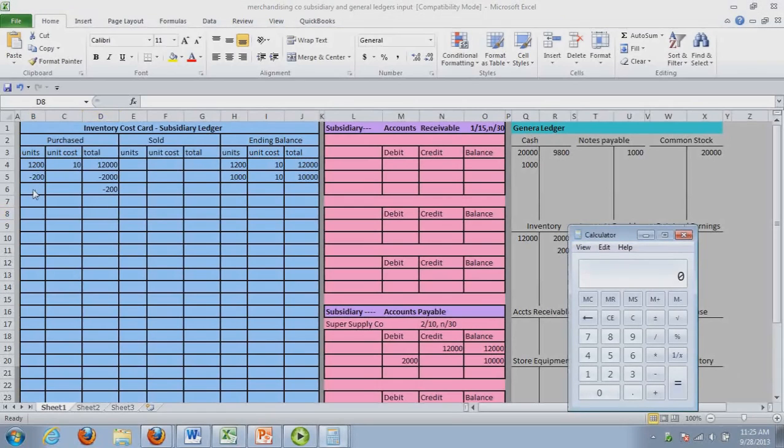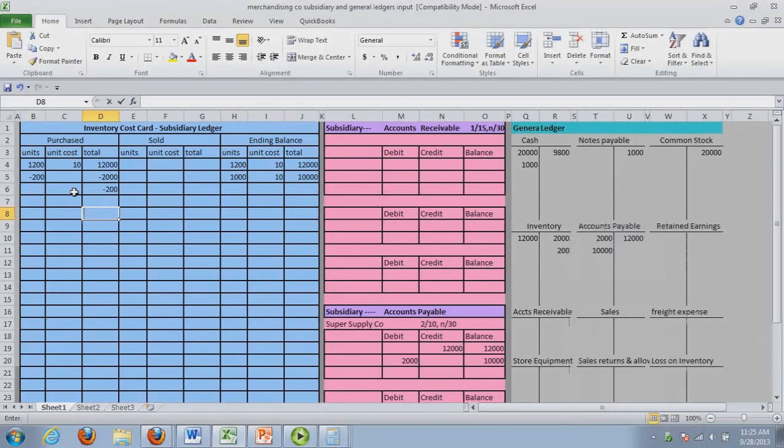Doesn't change the units, but it's got to change the unit cost. So if we go back to calculating this, I've got $200 less divided by 1,000 units. So that looks like 20 cents. Does that make sense? Okay. So minus 20 cents. So you can see this would be an absolute nightmare before we had software.